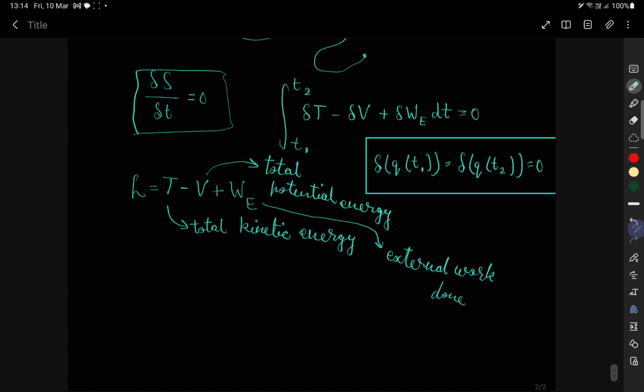Now, continuing on. I hope we've understood that this is Hamilton's principle. Delta S by delta T equals 0. And now we're going on to the Euler Lagrange equation, and I'll be showing you how we can do that. So delta S over delta T is equal to 0.